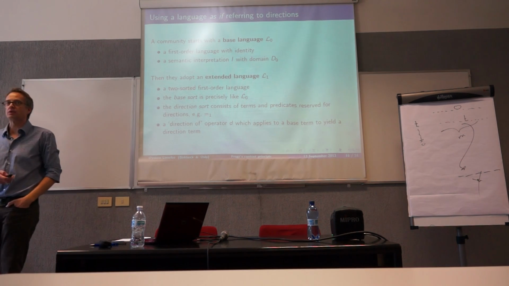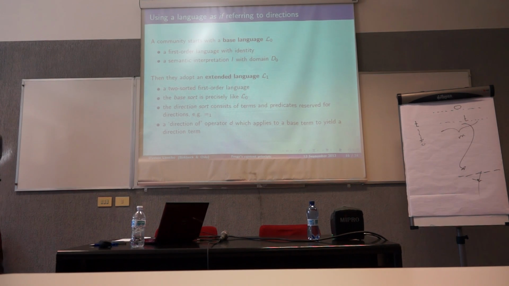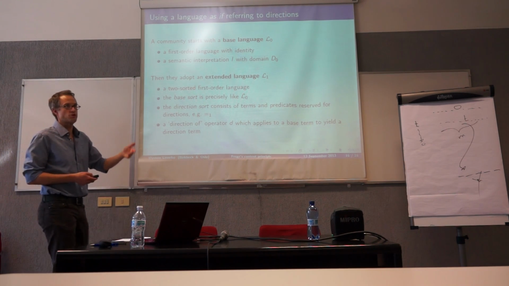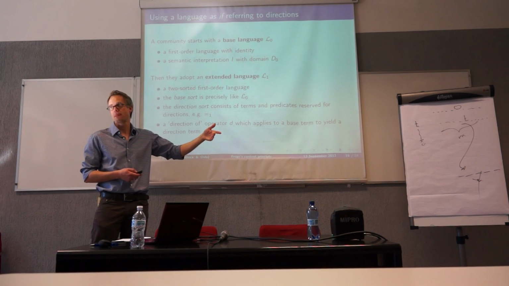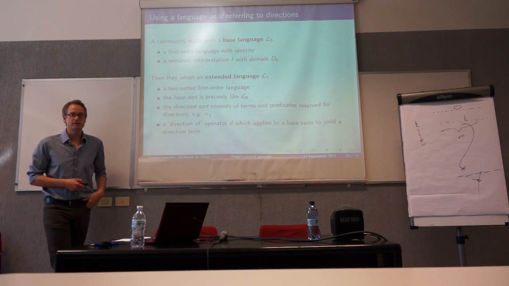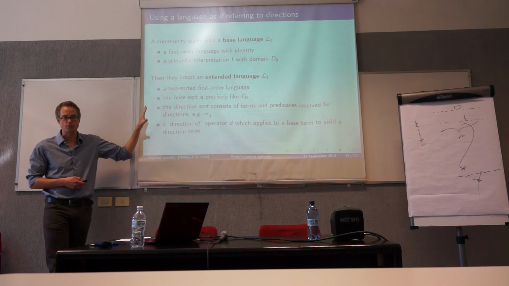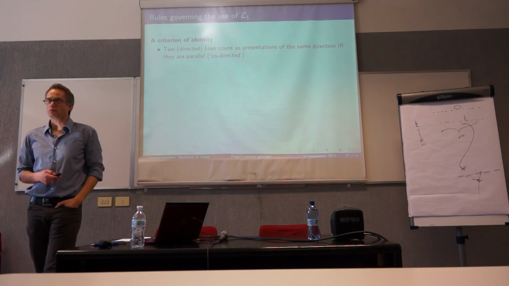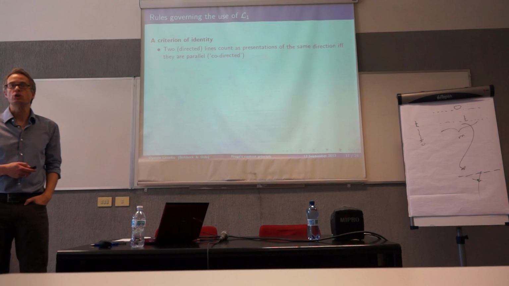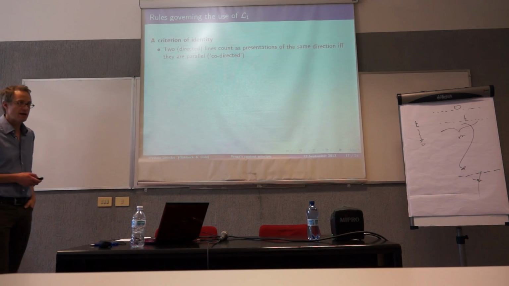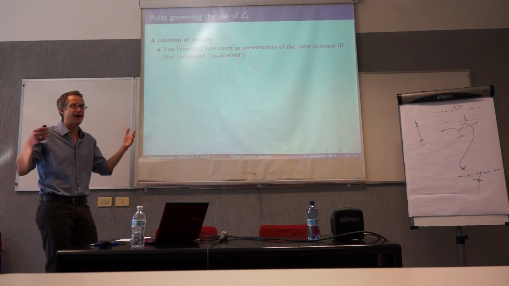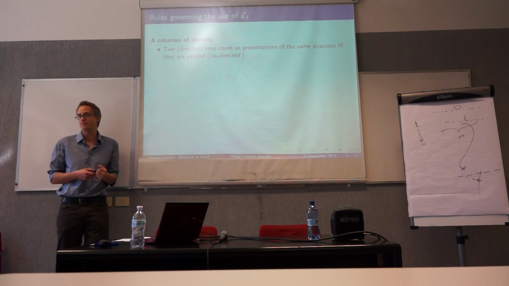And then, of course, they have the all-important direction-of operator, so they can talk about the direction of a certain line. Right? So that's the language just characterized syntactically that they now adopt. Then we will say something about how that language is used. Okay? And it'll be used precisely as if they're talking about directions.